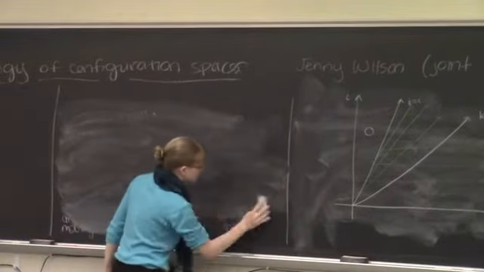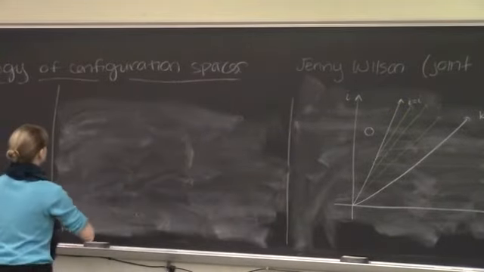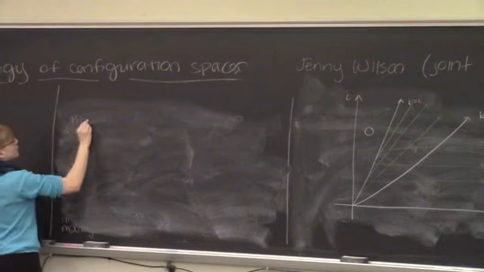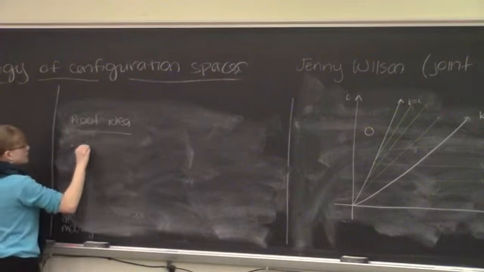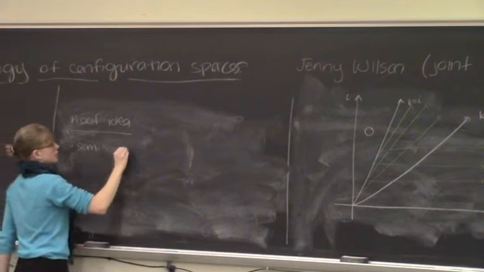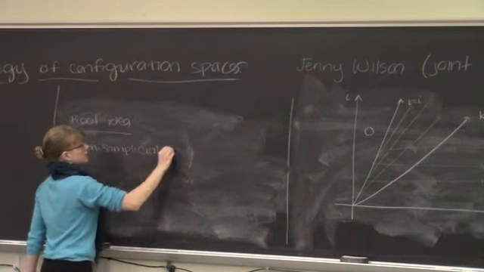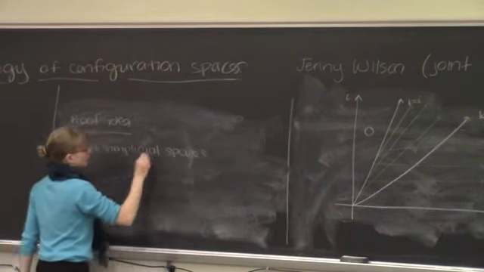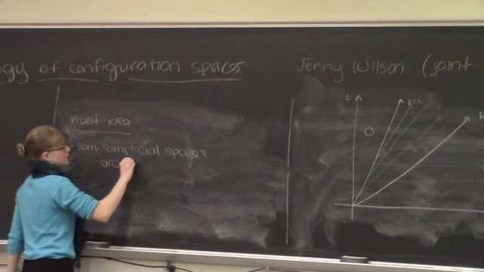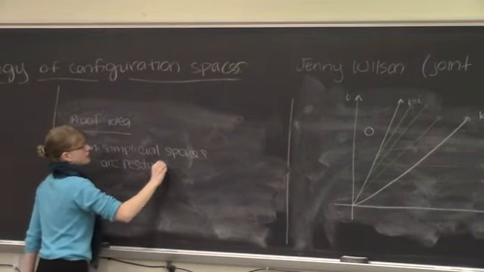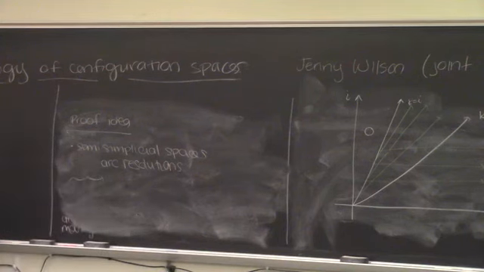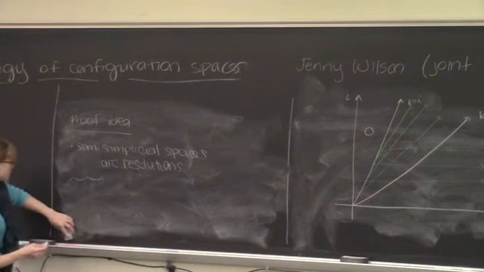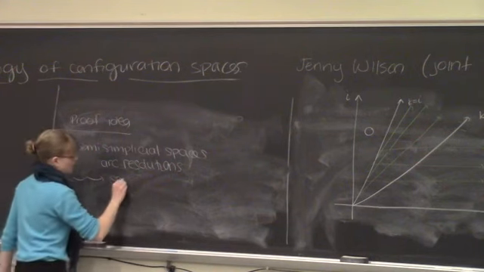what we did was we studied certain semi-simplicial spaces called arc resolutions that you can build up from these configuration spaces. Associated to these semi-simplicial spaces, we get geometric realization spectral sequences.